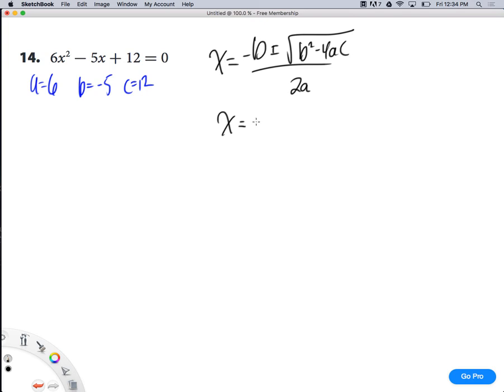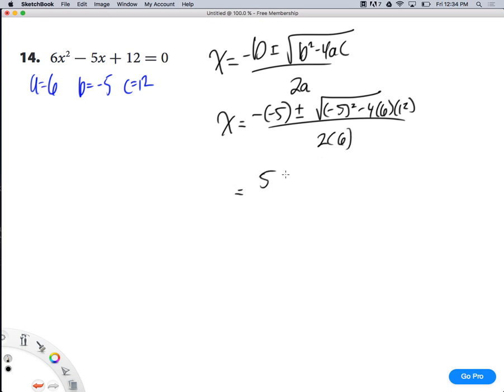So x equals -5 plus or minus square root -5 squared minus 4 times 6 times 12 all over 2 times 6.